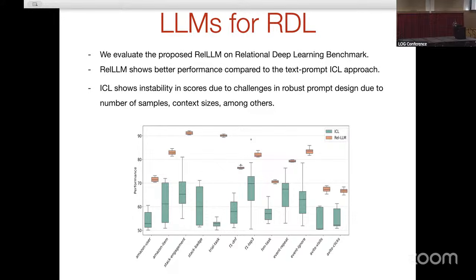This is because the prompt design itself is challenging, and we may have to do a lot of arbitrary decision making in the number of tokens that we select for different entities. What is the size? Where are we cutting? What is the number of neighbors to select? These are some of the arbitrary design choices, because of which the prompt may not be very informative at every run, and there's an error bar corresponding to this.